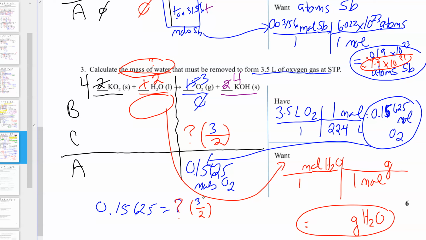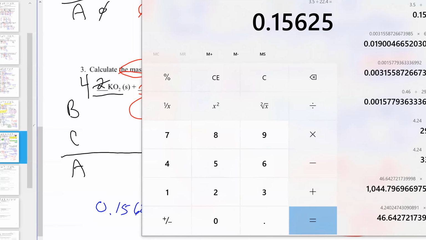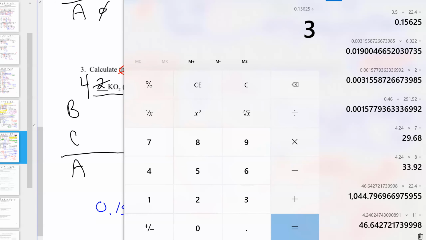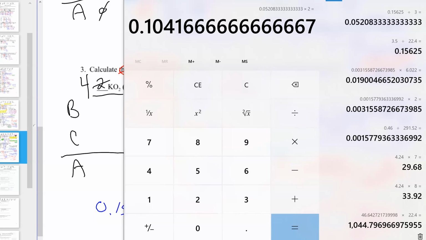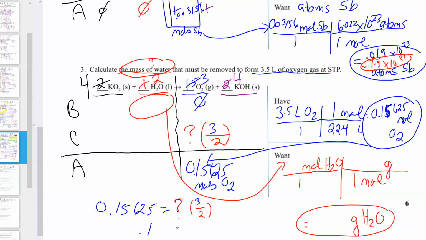If I multiply by 3 over 2, I've got to divide by 3 and multiply by 2. We're going to get 0.1042.